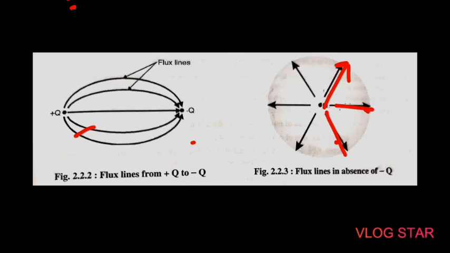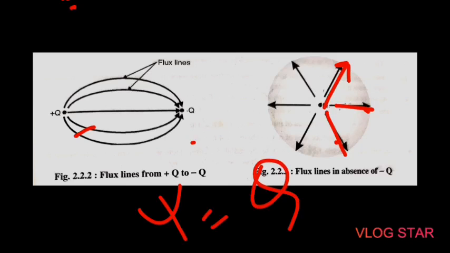Then the fifth property: the total number of flux lines is called electric flux, which is denoted by psi, and electric flux is equal to the total charge. And the last property is that the flux lines are always perpendicular and in radially outward direction. Okay, so these are the properties of flux lines.